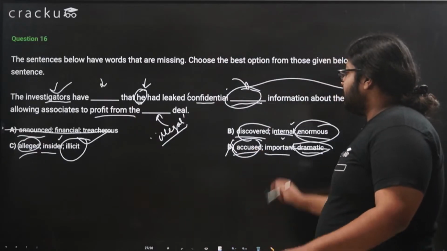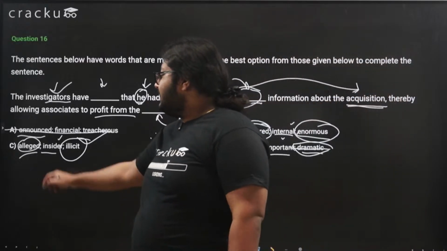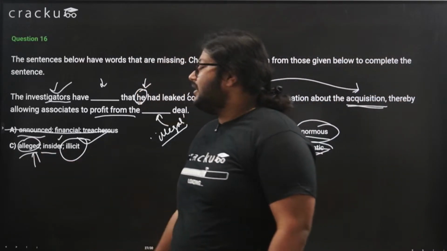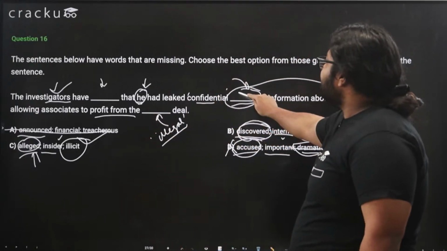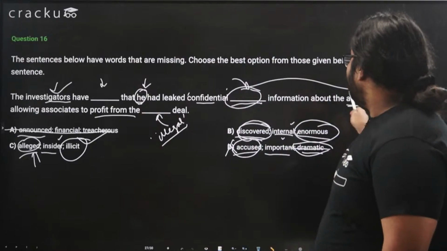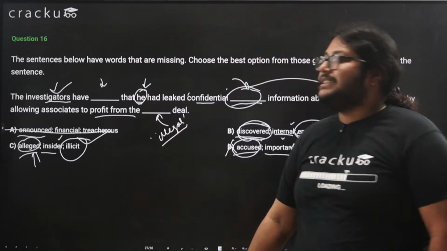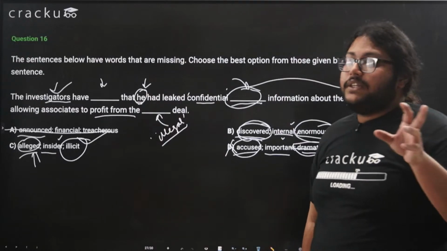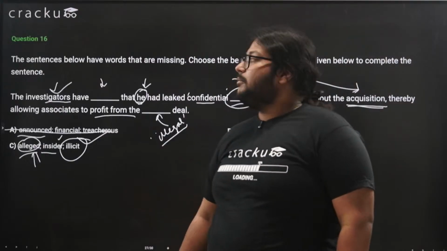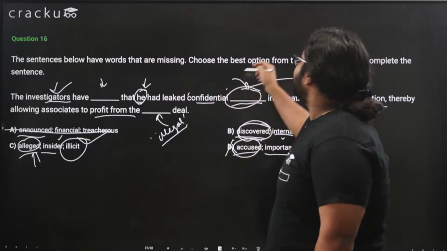Discovered also somewhat makes sense. But the investigators have alleged, they've accused him that he had leaked confidential insider information about the acquisition, thereby allowing associates to profit from the illicit deal. This makes way more sense when we talk about it contextually, because reading this we understand that the context is about insider trading.